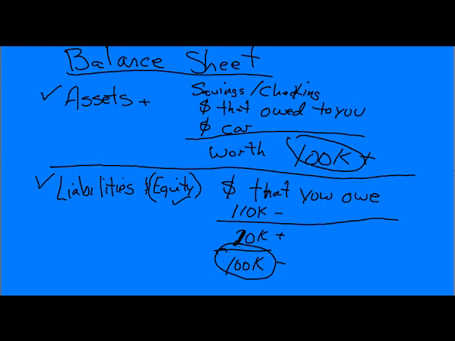Your liabilities, on the other hand, subtract from the assets in that it's money that you owe other people. It's a negative value. And then the equity that is on the liability side actually comes back out of the liabilities because it's money that you have invested in the company, or you've invested in yourself perhaps, or it's income that you have on your profit and loss statement that you haven't actually booked yet.